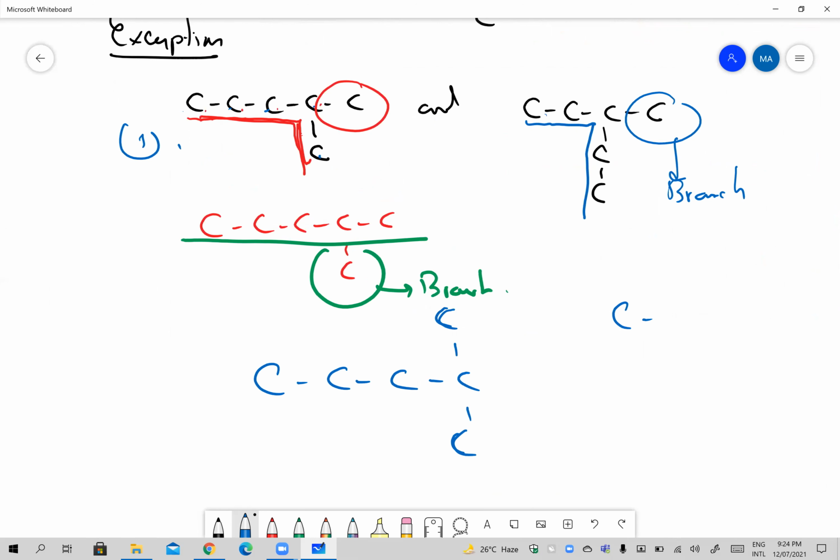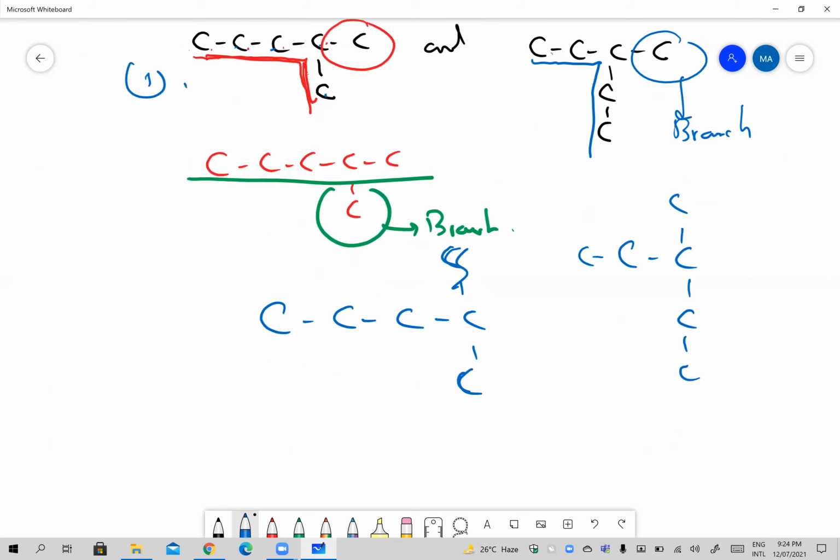If we look at this one here, this is 1, 2, 3, 4, and 5 here. Both of these will classify as the same compound. See, 2 carbons here, 2 carbons here, but I simply change the positions without altering the connectivities.